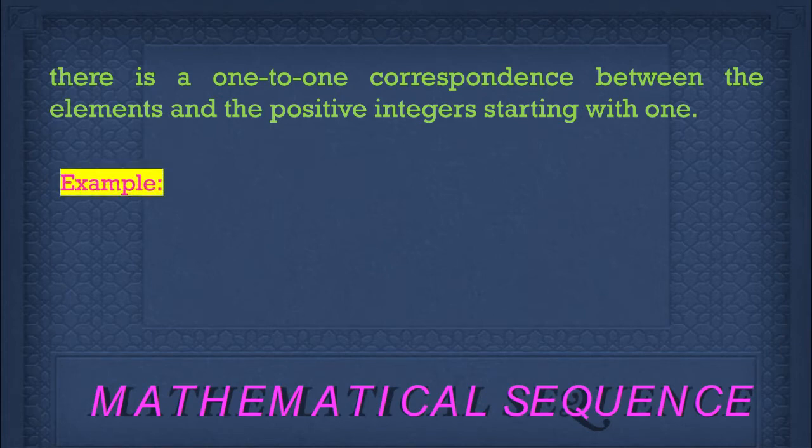Meaning, for every term number, there corresponds a value. So for example, the first term is 5, the second term has a corresponding value which is 8, or a third term also has a corresponding value which is 12.